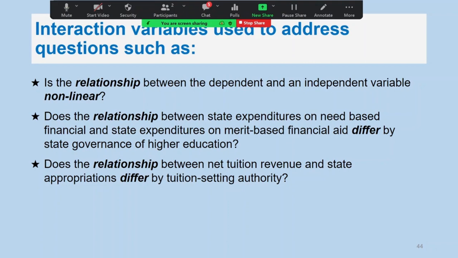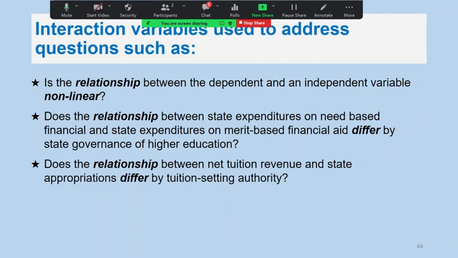They set the tuition policy, not University of Maryland College Park or Towson State University or Salisbury State or University of Maryland Eastern Shore. They can't set their tuition. They can request that their tuition be a certain level, but the Board of Regents for the University System of Maryland has the authority to set tuition, okay?